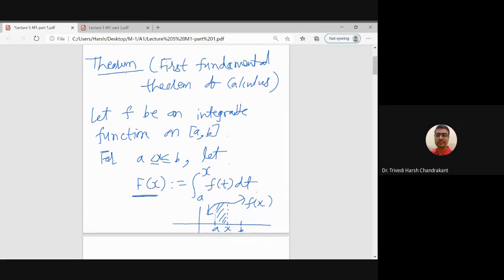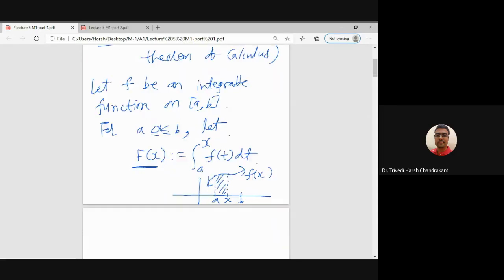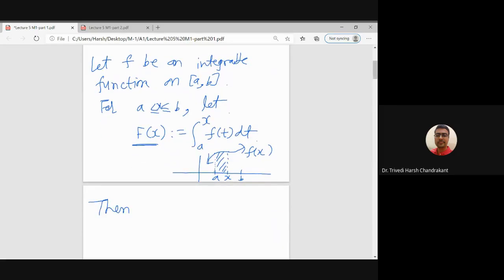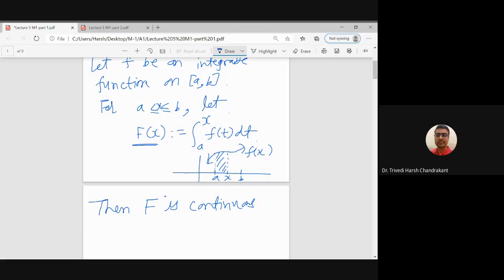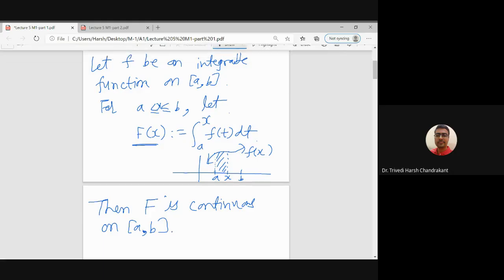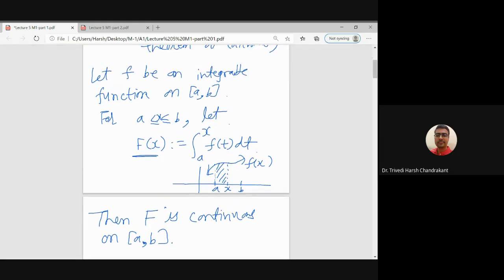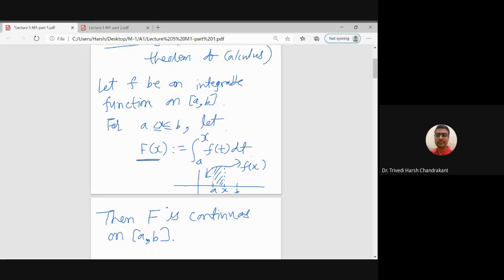The first fundamental theorem says that whenever small f is an integrable function over the closed interval AB, then this area function capital F, which is the area between a to x of the function, is always a continuous function. So continuity of capital F follows from the integrability of the given function small f.